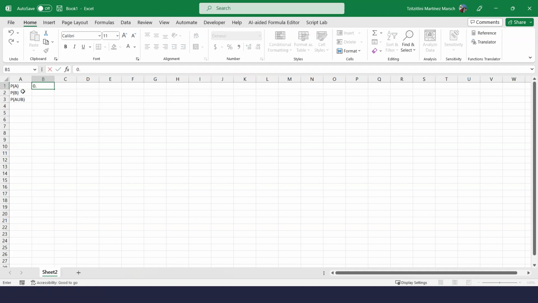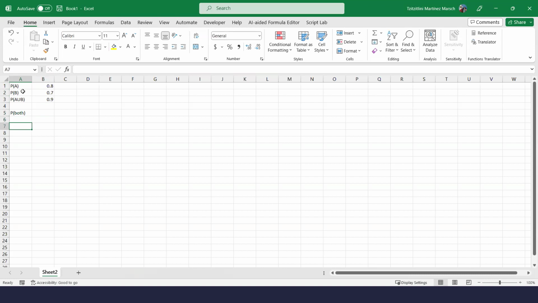So it's 0.8, 0.7, and 0.9. Now, how do I get this particular one, which is going to be the probability of both?